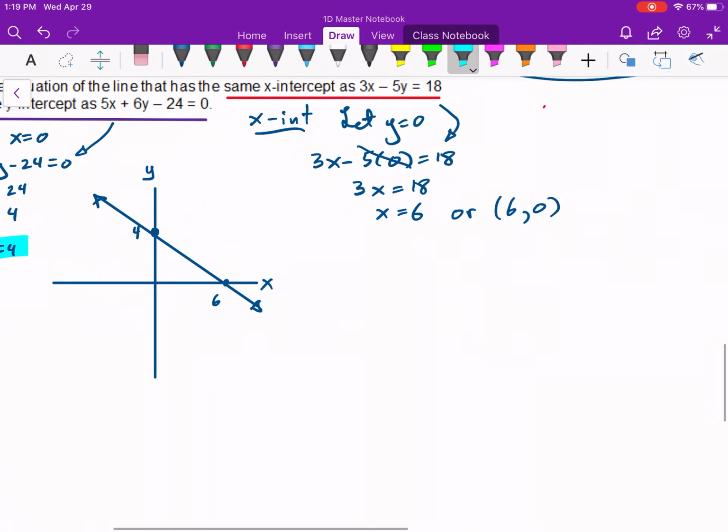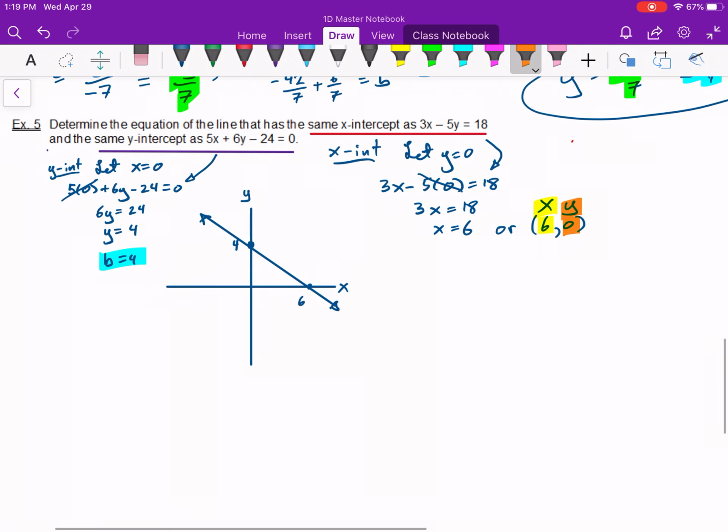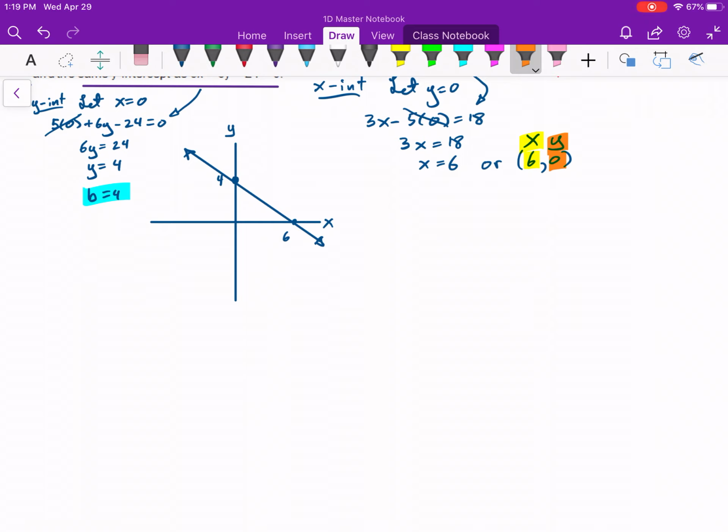So going back over here, this point is on the line, right? The point 6, 0 is on the line, made up of an x-coordinate and a y-coordinate. And we've done this multiple times now. I just had to recognize where I was getting the different numbers from for the variables.